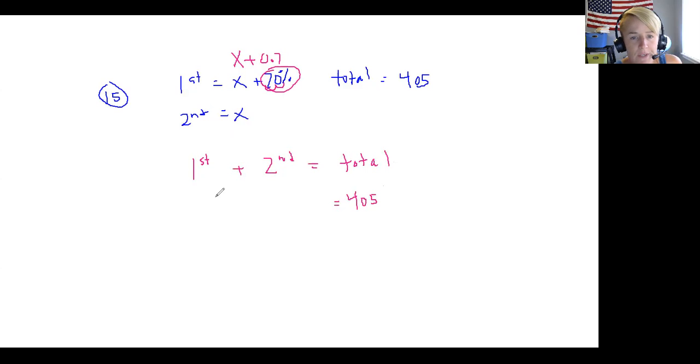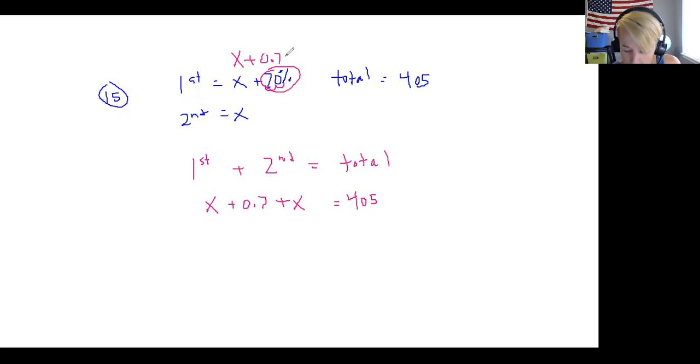The first number is x plus 0.7, and the second number is just x. So you should have x plus 0.7 plus x equals 405.